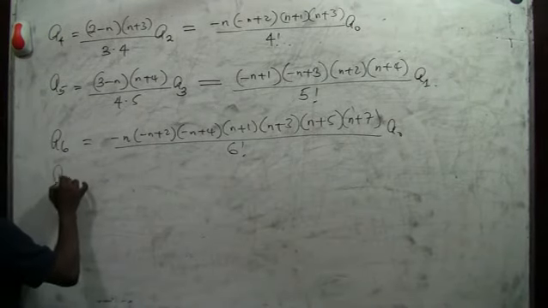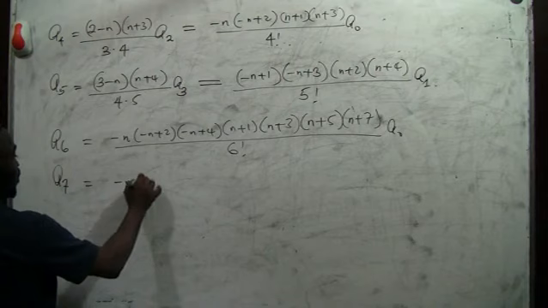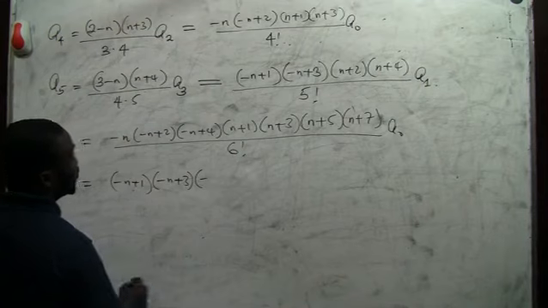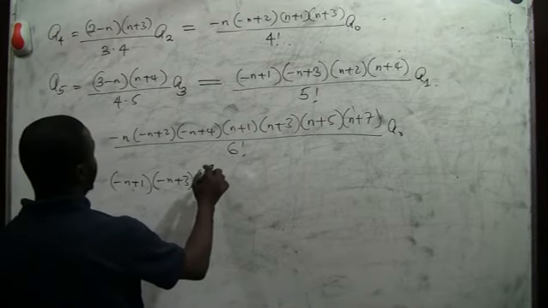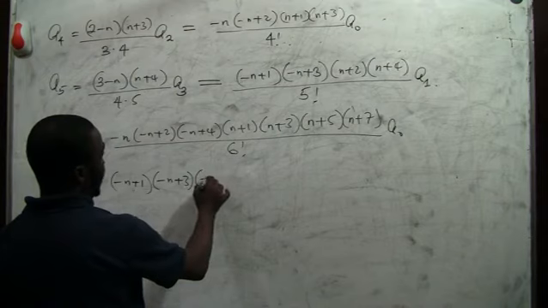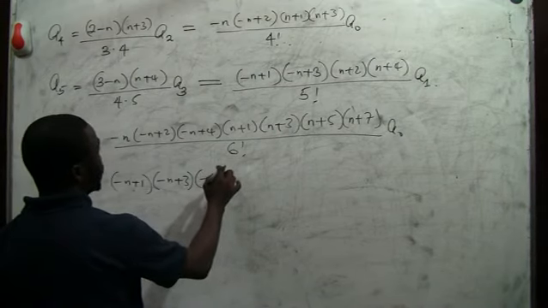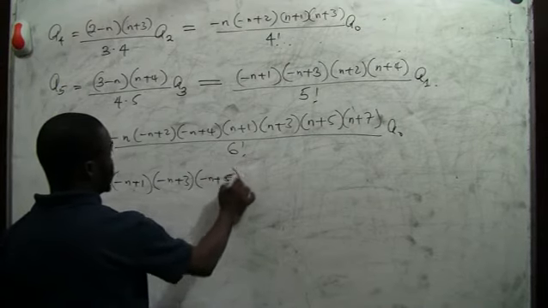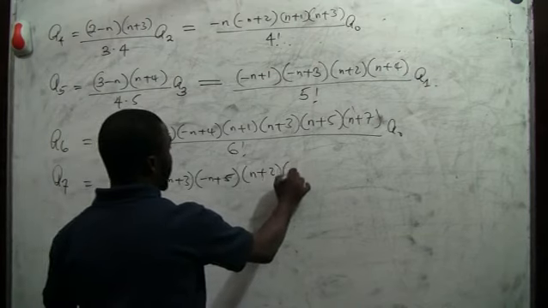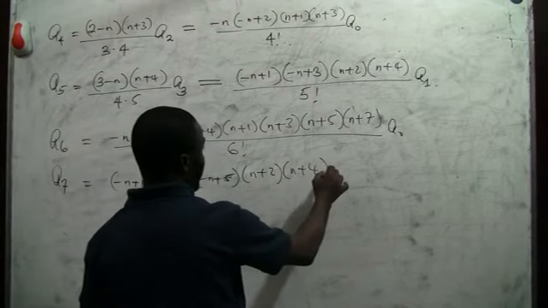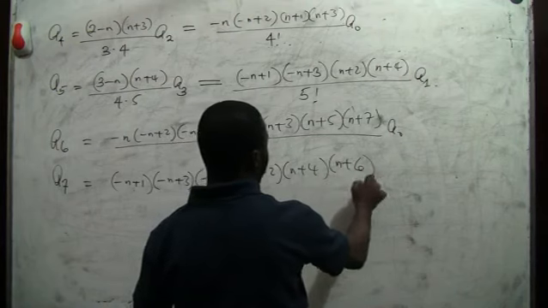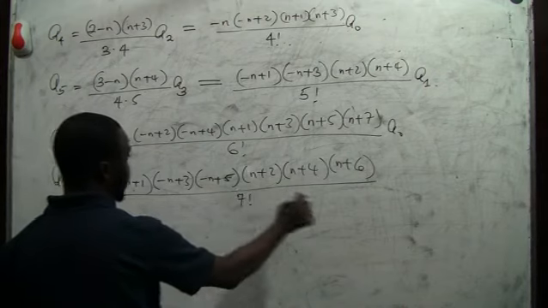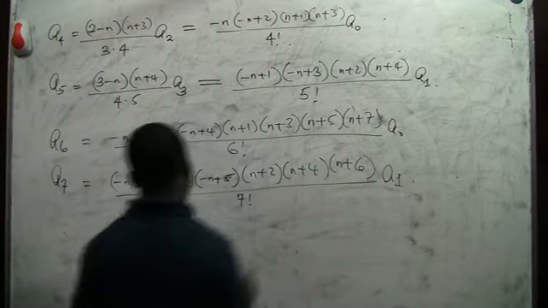While a7 becomes minus n plus 1, minus n plus 3, minus n plus 4, minus n plus 5 into n plus 2, n plus 4 and n plus 6, all divided by 7 factorial a1.